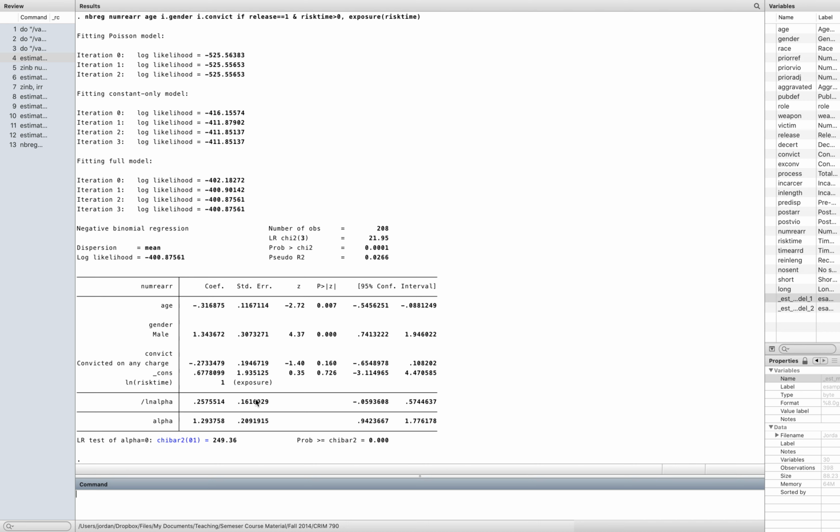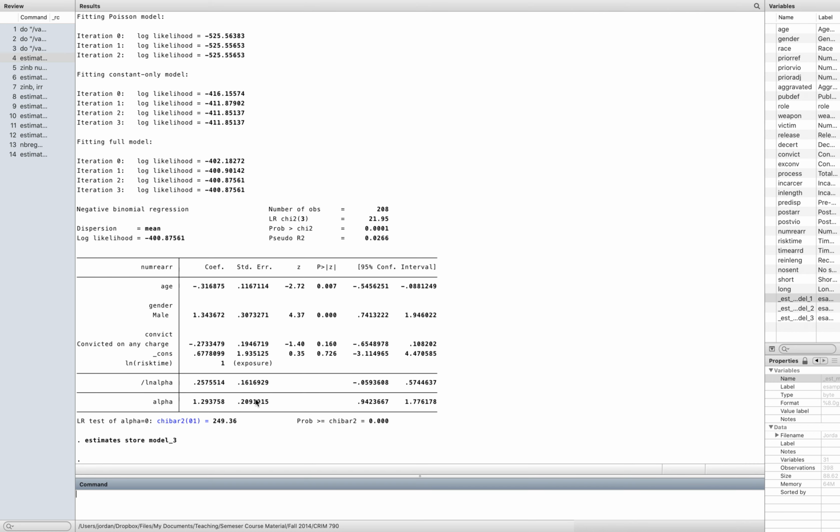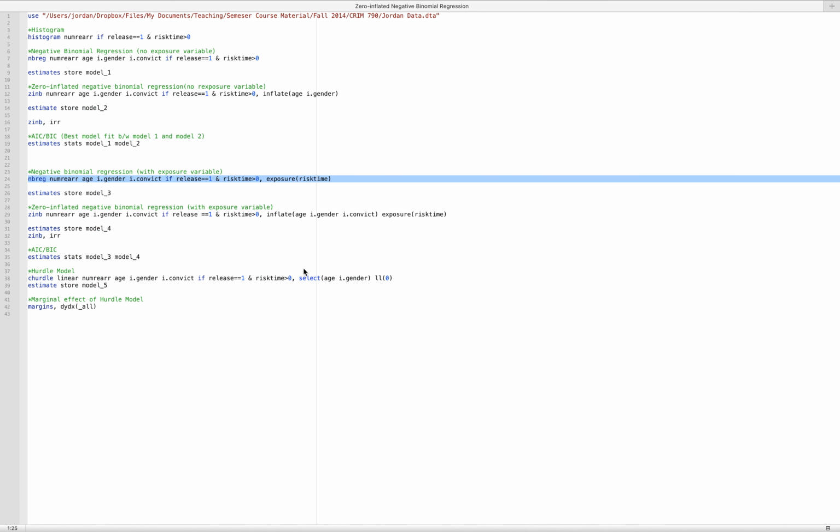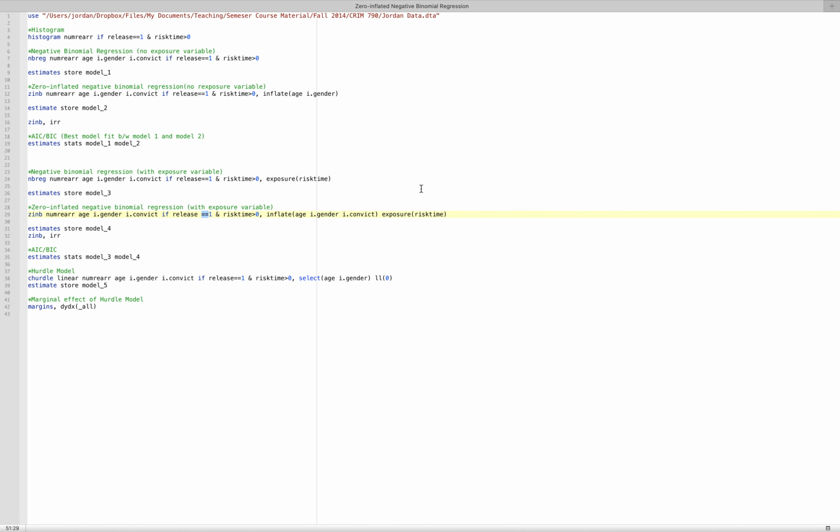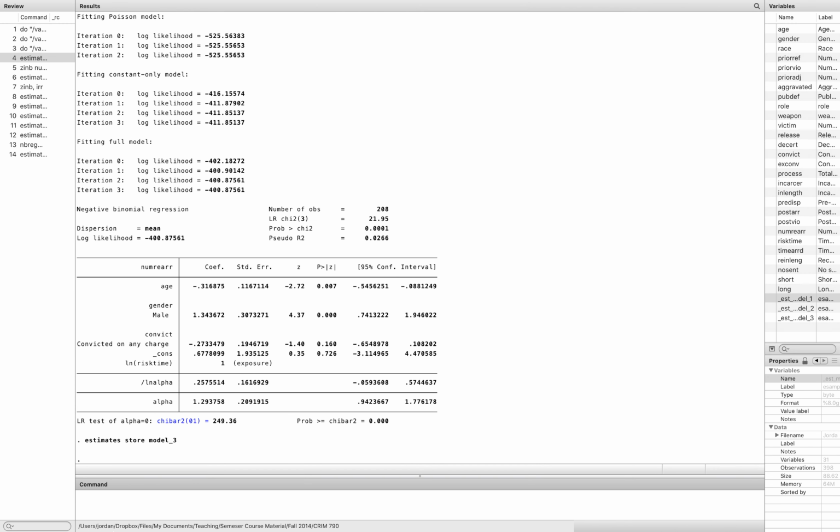Again, we did this last week. So you're going to store this as model 3. Again, I'm not going to go over this too deep because we actually did this last week. But now we're going to do a zero-inflated negative binomial regression again.